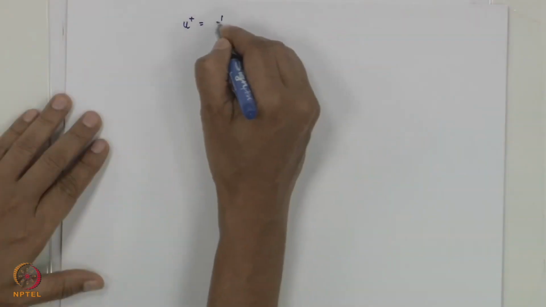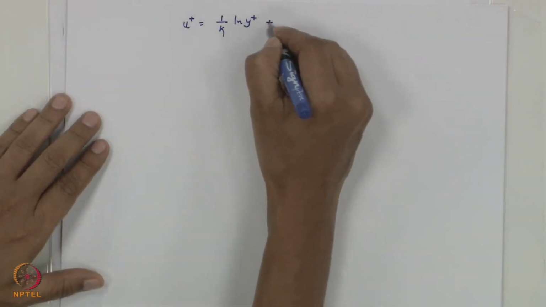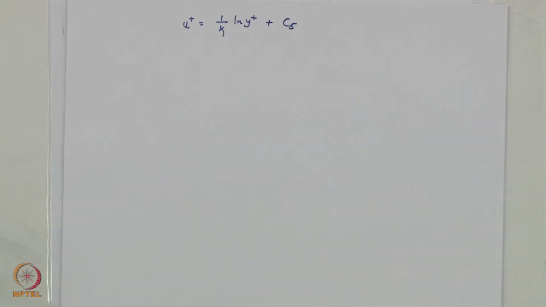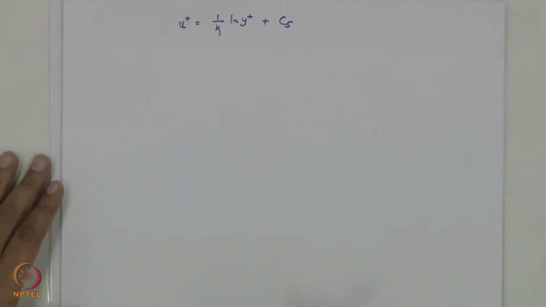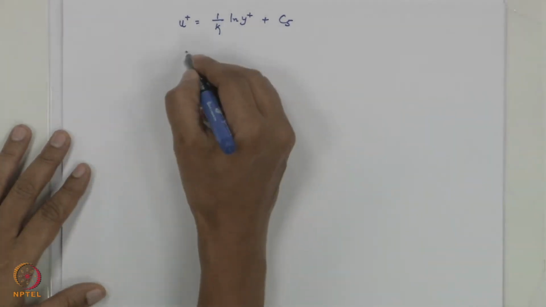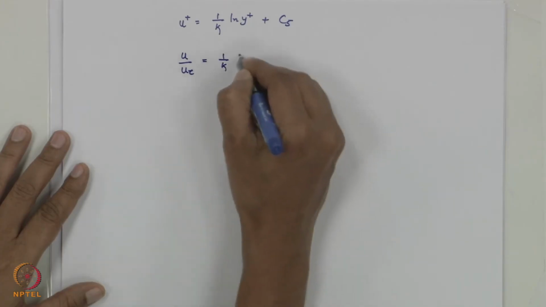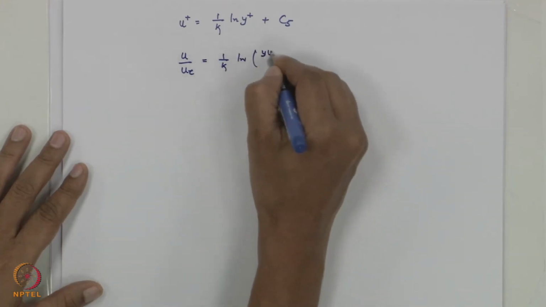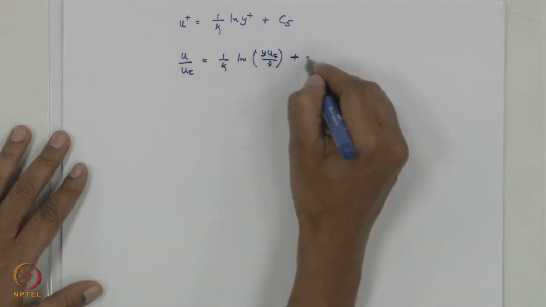What was its form? u plus equal to 1 by kappa log of y plus some constant, let us say C5, for y plus greater than 5. Now, I will write this as u by u tau equal to 1 by kappa log of y u tau by nu plus C5. I have just substituted for u plus and y plus.